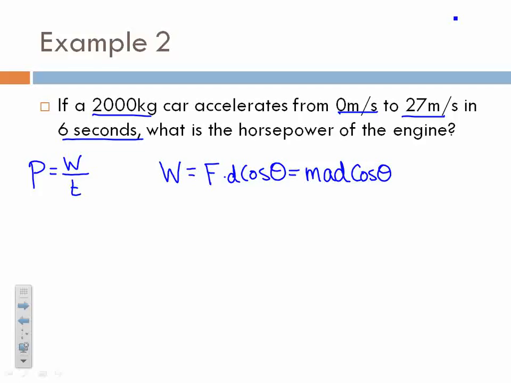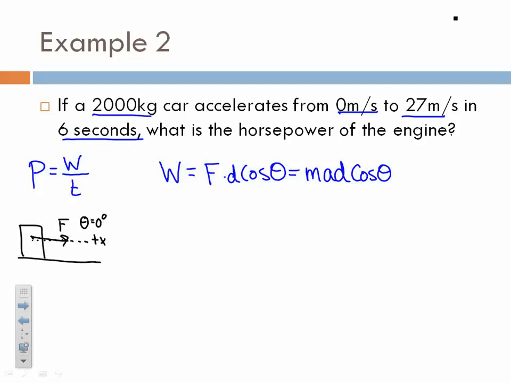Now here's another thing that I'm going to do. The force that the engine is pushing with is going to be in the same direction as what we're moving in. And so that means that our angle theta is actually going to be 0 degrees in this case. So if I'm drawing some kind of diagram, the car moves to the right, the force of the engine pushes to the right, so theta is going to be 0 degrees.